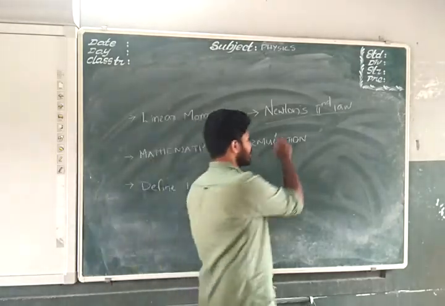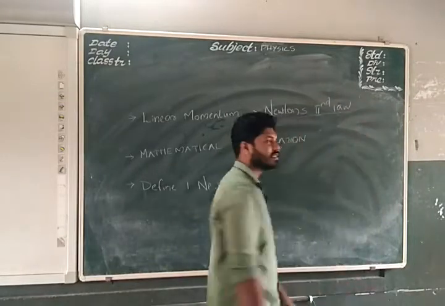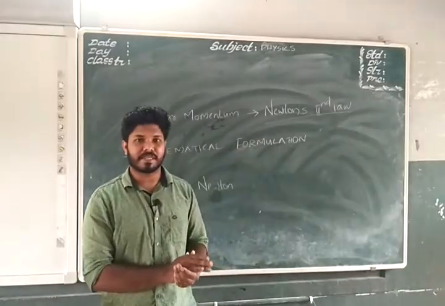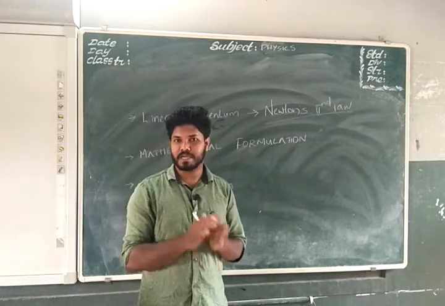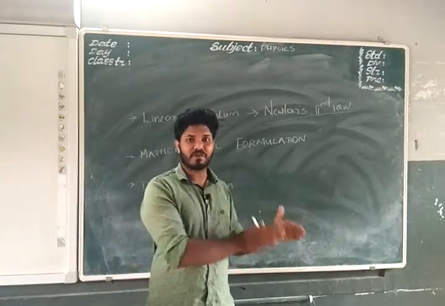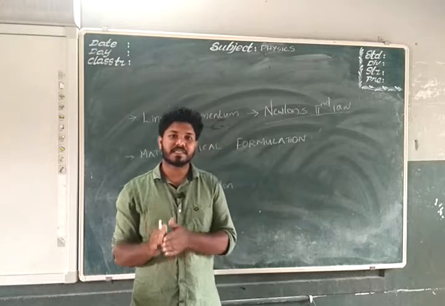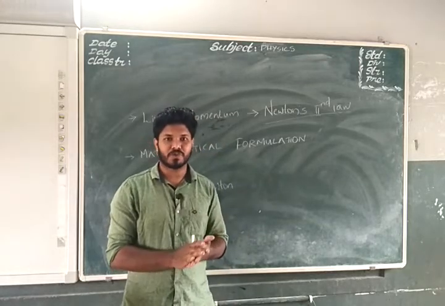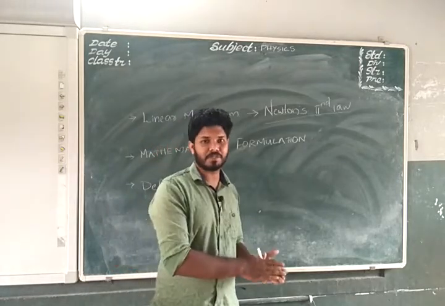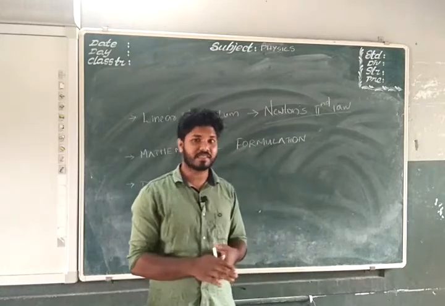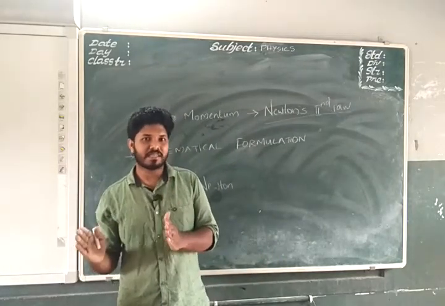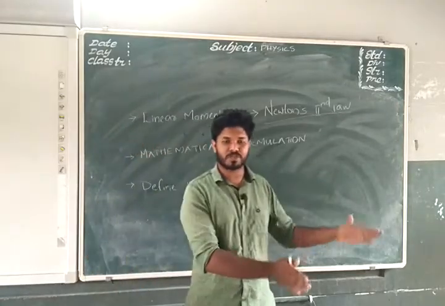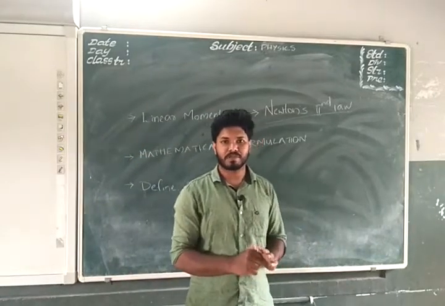So according to Newton's second law, the rate of change of linear momentum is directly proportional to the external force applied on the body. What is that? Rate of change of linear momentum is directly proportional to the force applied on the body.